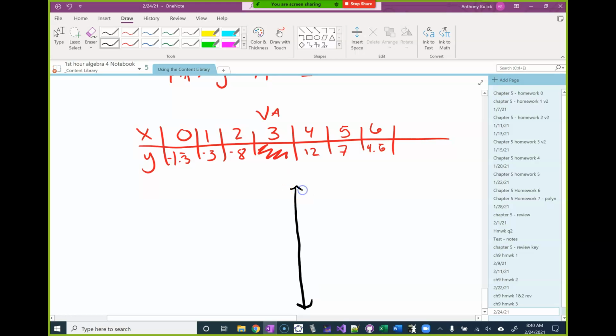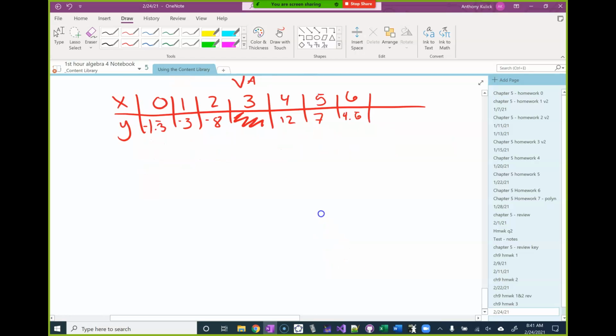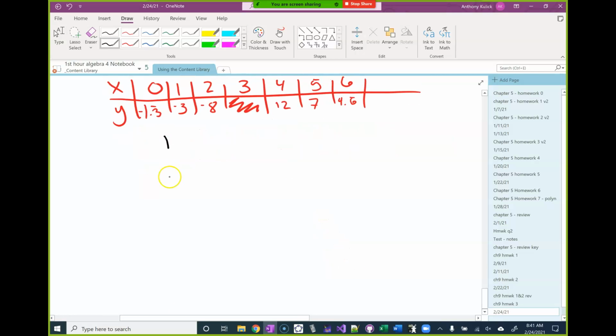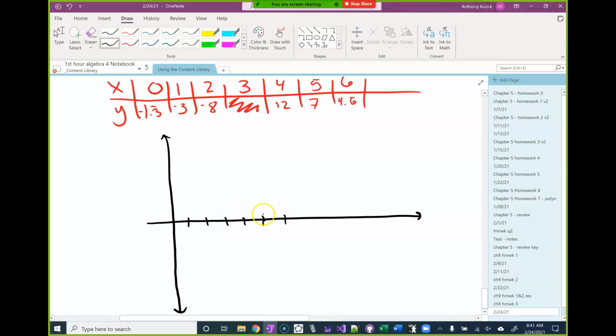Let's see, 1, 2, 3, 4, 5, 6. And then I probably have to go by twos. So 2, 4, 6, 8, 10, 12. And 2, 4, 6, 8. And my horizontal asymptote is at y equals 2.